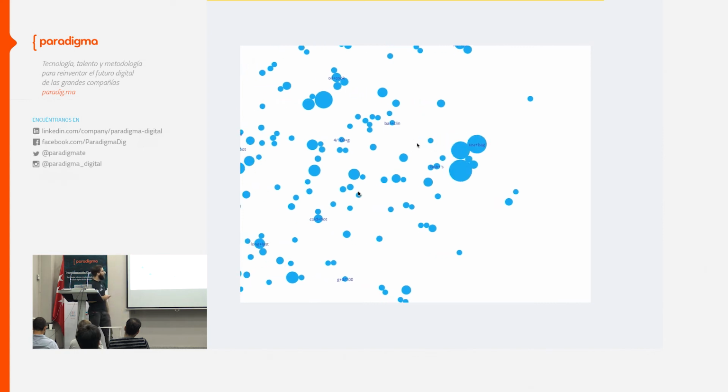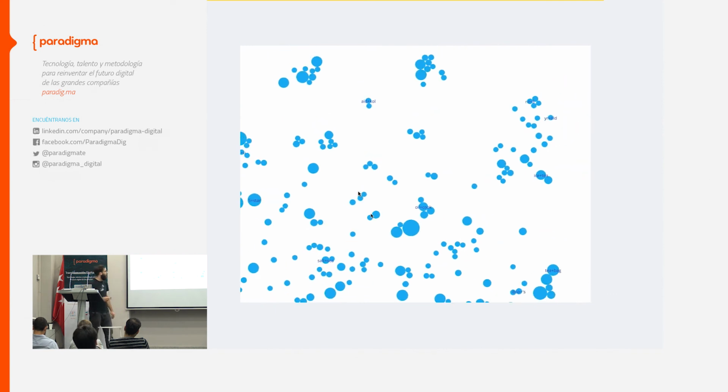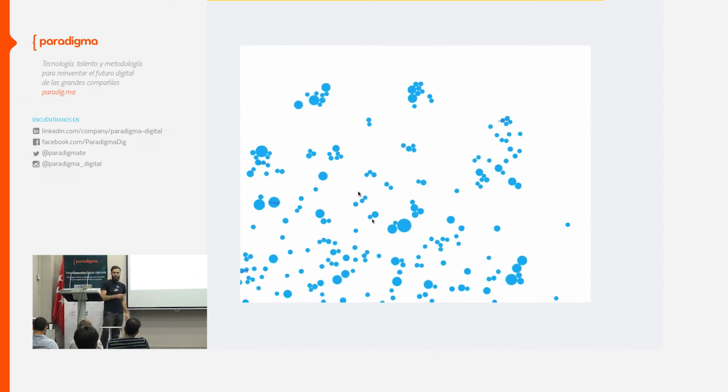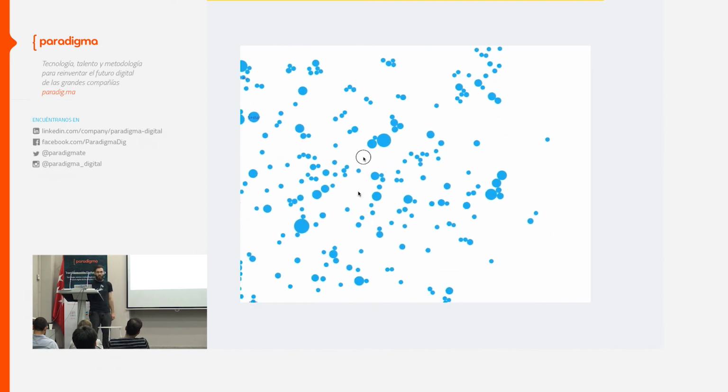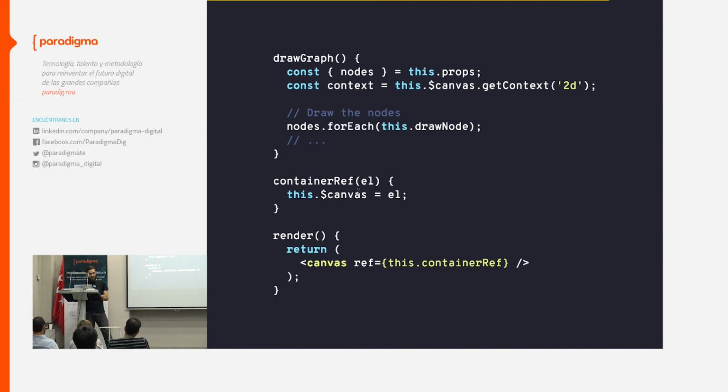The zooming and panning interaction was not fluid enough because you're updating the position of the chart so often that the React internals become your bottleneck. So in this case, I used a canvas. This is actually code from the chart. I'm passing a ref to the canvas, and then I'm drawing the graph in the canvas every time, iterating the nodes and drawing every node.